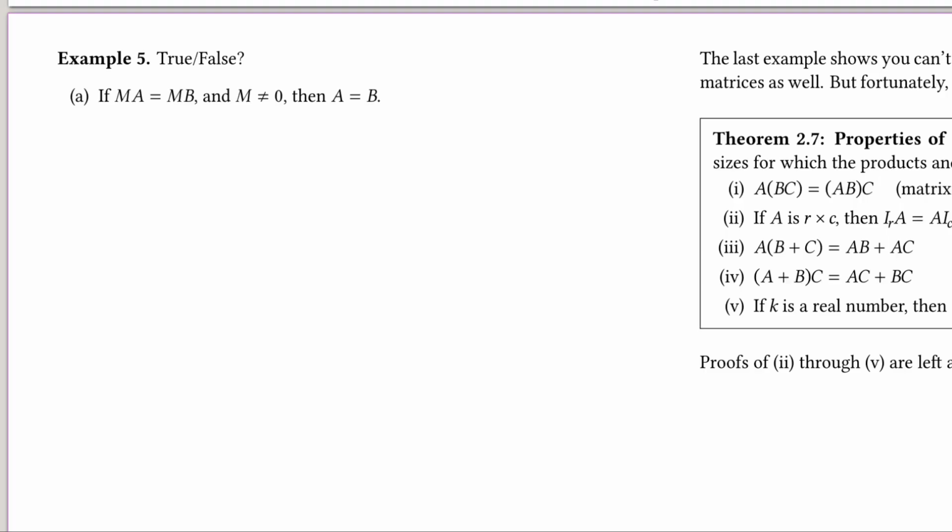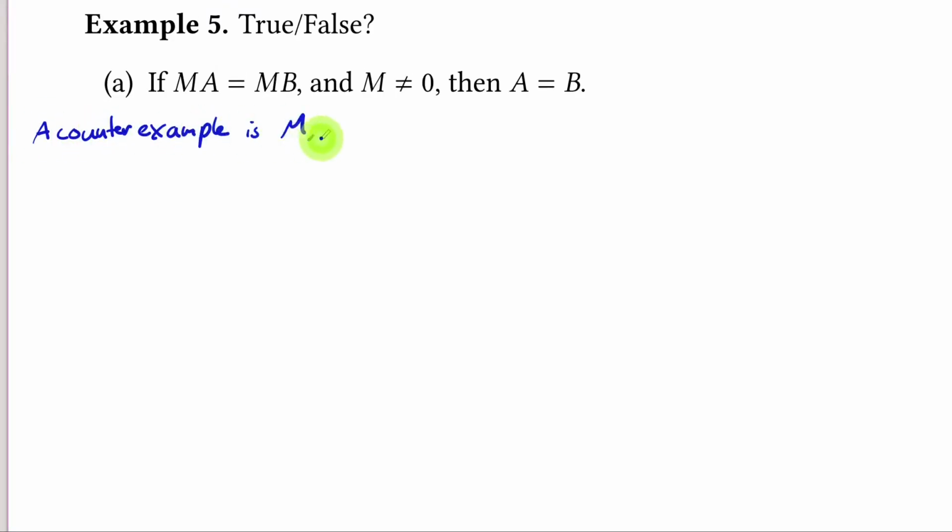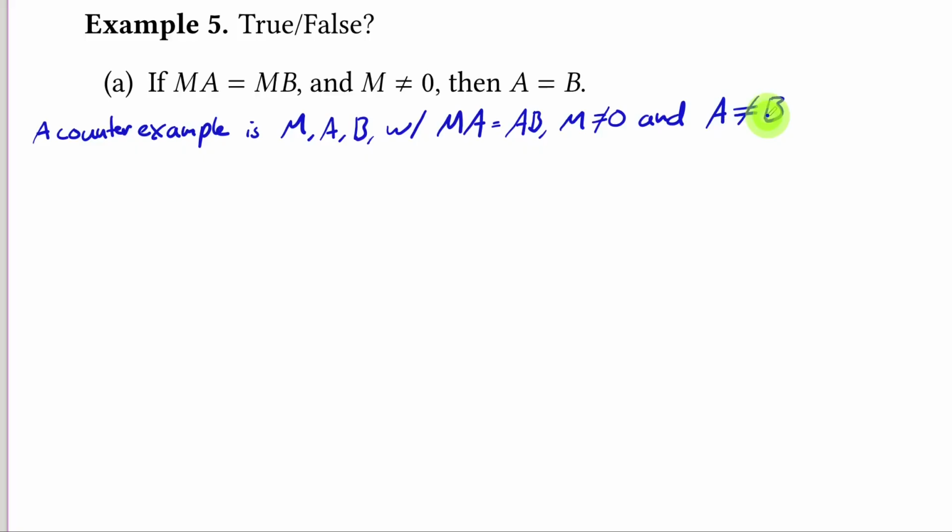But a good way to think about this is to try to think of a counterexample. A counterexample is a list of matrices where the if part is true, but the then part is false.